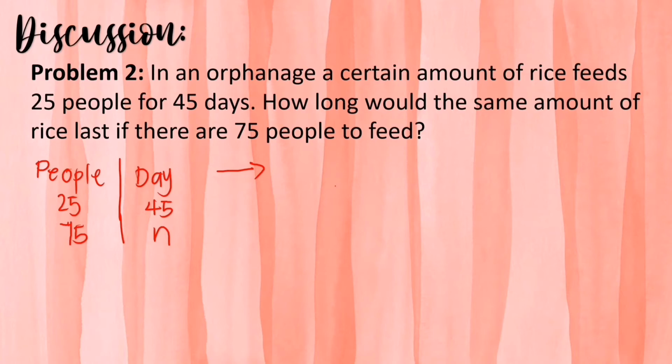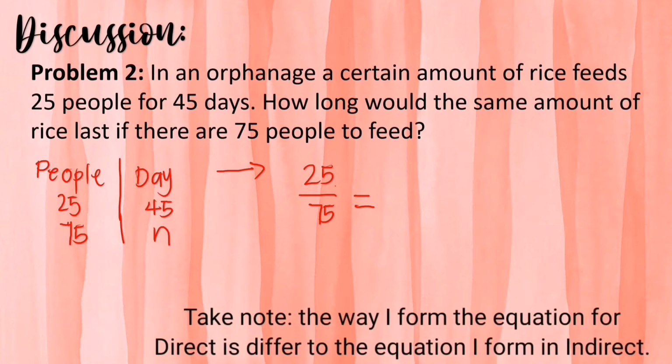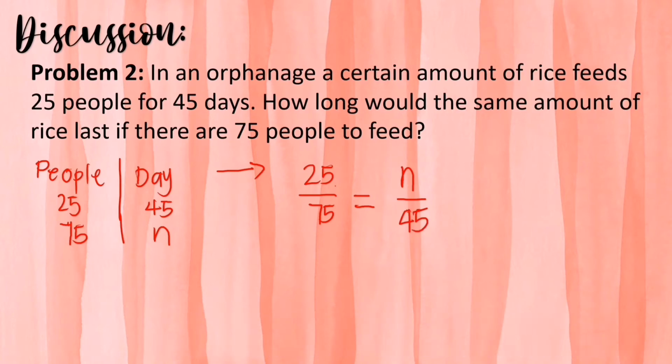So, magiging 25 over 75 is equal to, ang kaibahan lang since ito ay indirect or inverse, kukunin din natin yung inverse ng 45 at ni n, which is magiging n over 45. Instead na 45 over n, kunin ang inverse, gagawing n over 45.